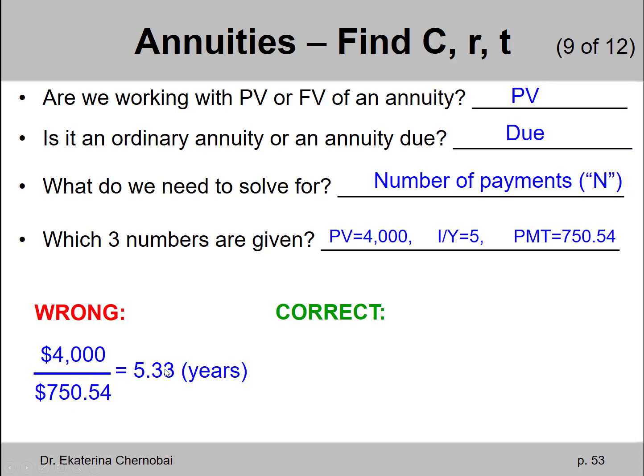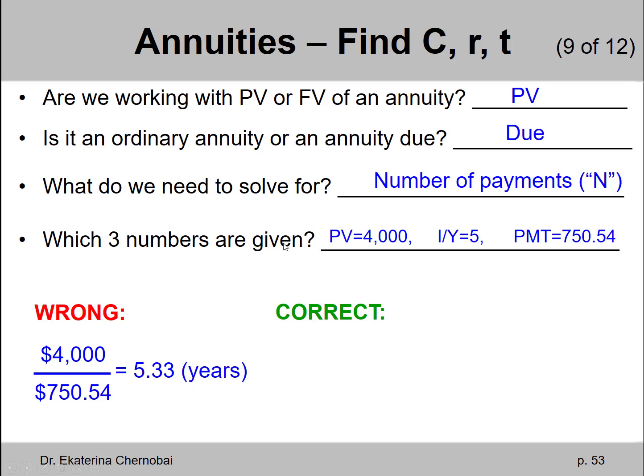That gives 5.33 years. While this is intuitively the right way to look at this problem, in finance, this is a wrong calculation. The reason it's wrong is because you're completely ignoring the so-called time value of money, the interest rate that the lender charges you. It's not reflected here at all.